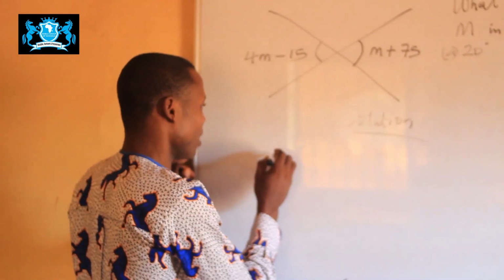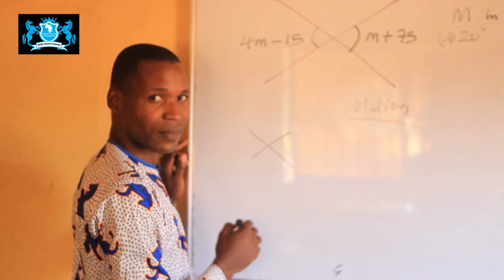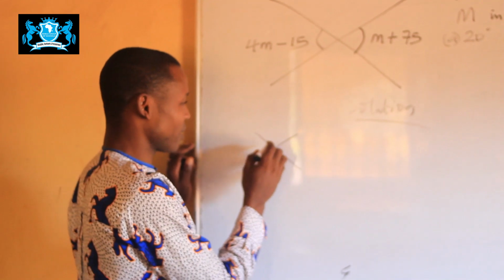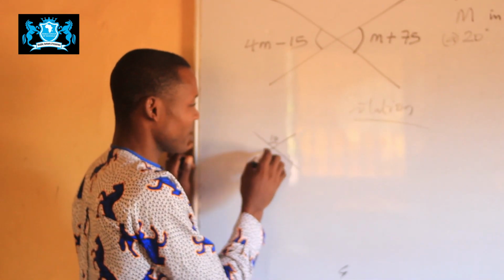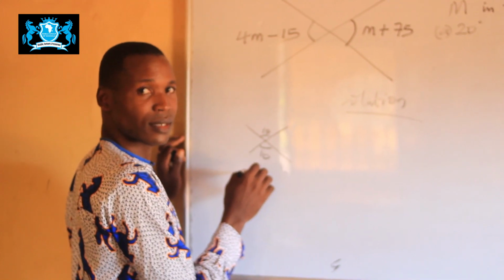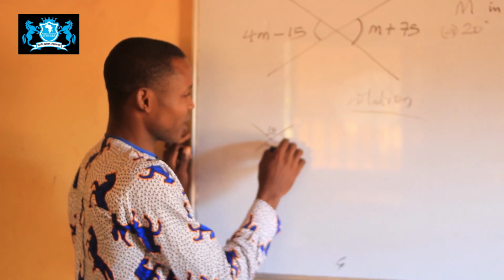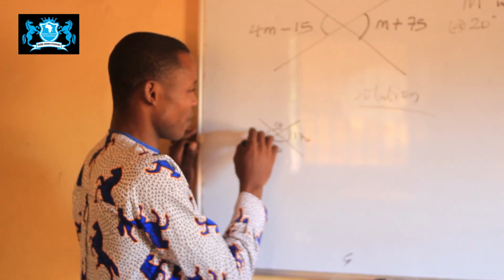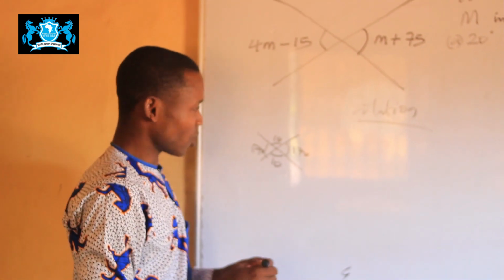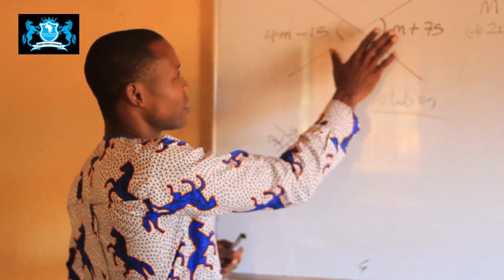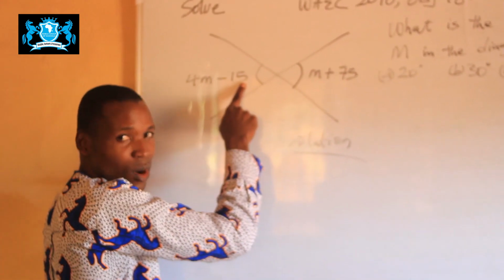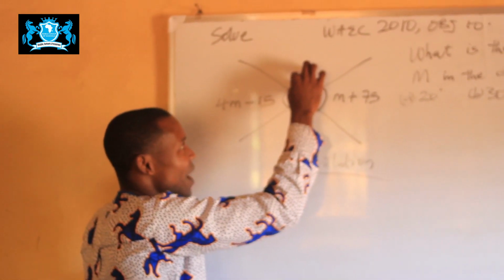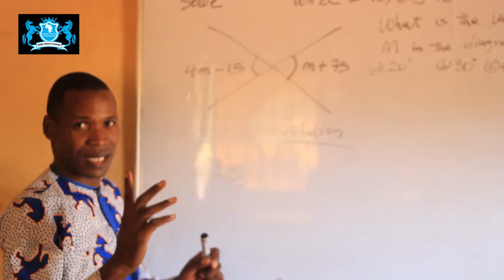For instance, if here is 10, here should also be 10. If here is 170, here should also be 170. So in a diagram like this, whatever is here is equal to whatever is here. That is the first solution.